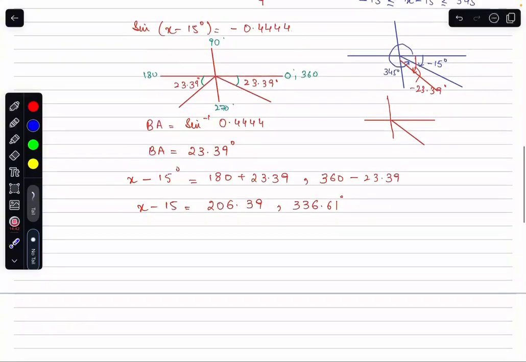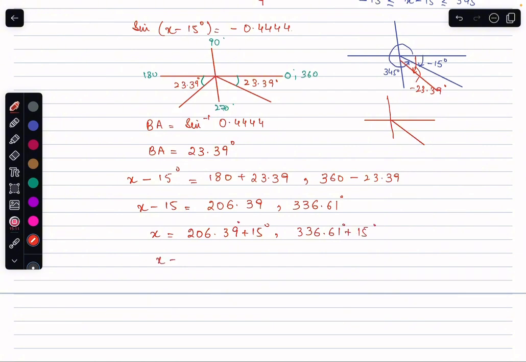The last thing is to find the value of x. To find the value of x, I should simply be adding this 15 on the other side. It's simple algebra. Take negative 15 to the right side, therefore the sign changes for both the angles that we have. So 206.39 plus 15 and 336.61 plus 15 degrees.